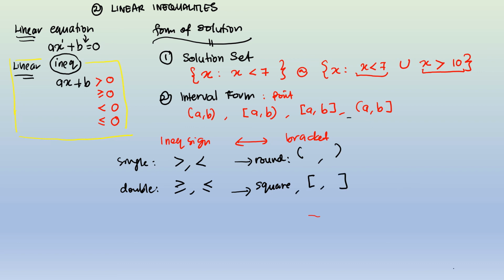For example, if you have the relationship x between 3 and 7, with 3 less than x and x less than or equal to 7, our interval form will be (3, 7] with round and square. And another example, with both 3 and 7 included, we will have [3, 7] with square brackets.